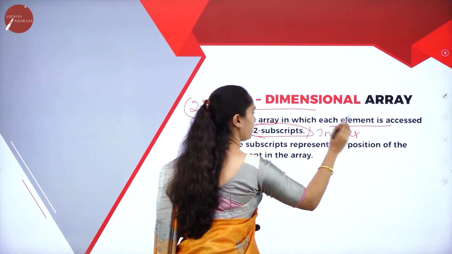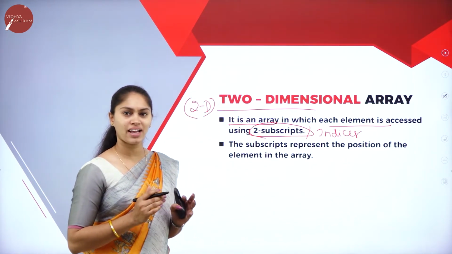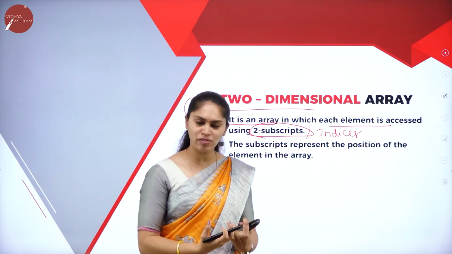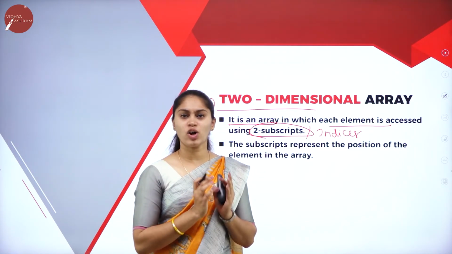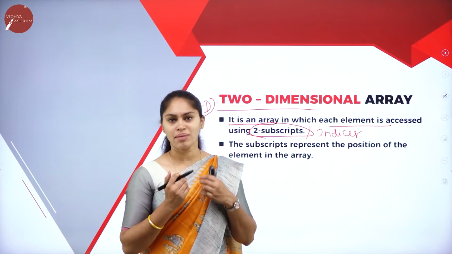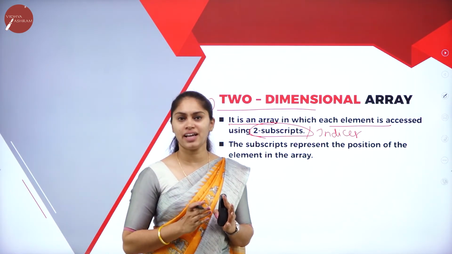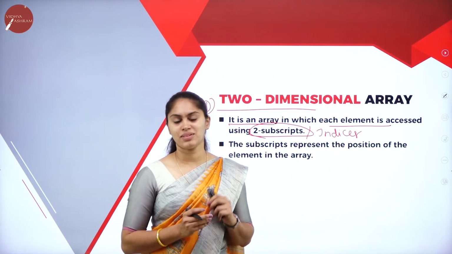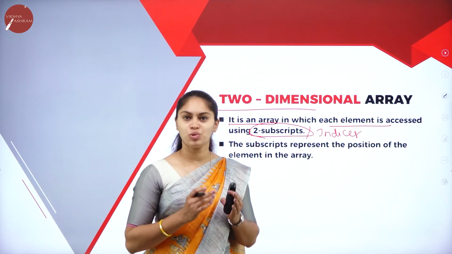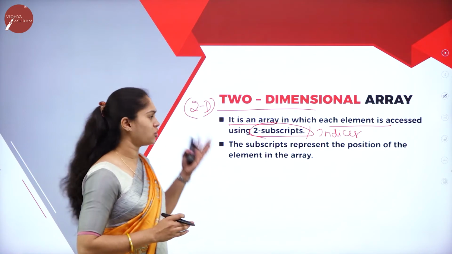That is termed a two-dimensional array. I have an array with a group of elements. Instead of having only one subscript, I am accessing the elements of the array with two subscripts. That is termed a two-dimensional array or a 2D array.